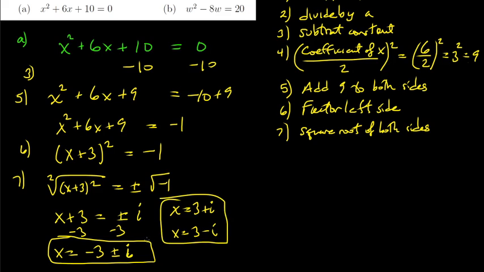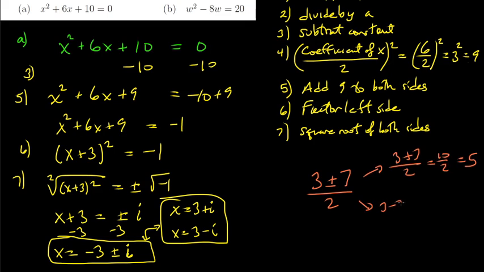So either way, if you want to write them separately, that's fine. If you want to write them both at once, that's okay too, at least in this problem here. In some problems, you have to split them up. And we saw one like that already, if you remember. Well, I don't remember it either, but it was something like this. If you have 3 plus or minus 7 over 2, don't leave it like that. 3 plus 7 is 10, and 10 divided by 2 is 5.